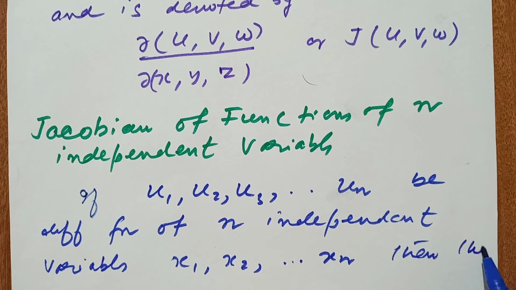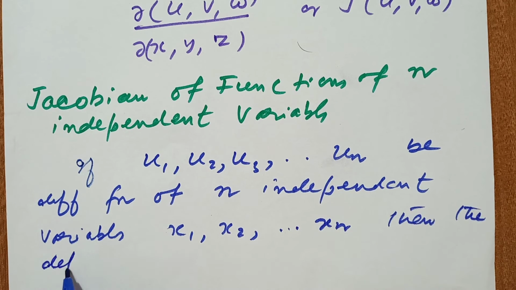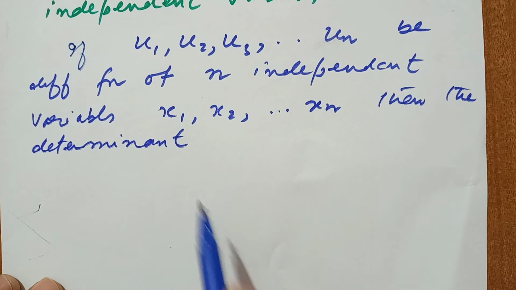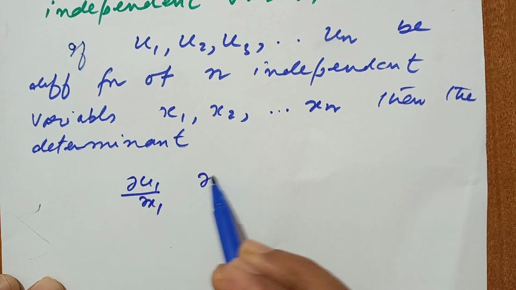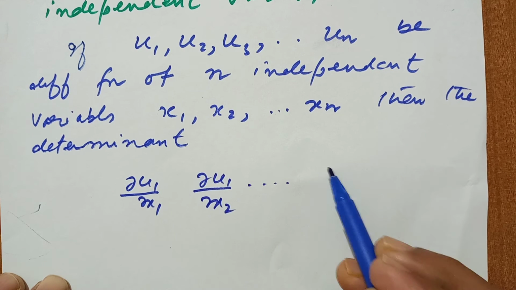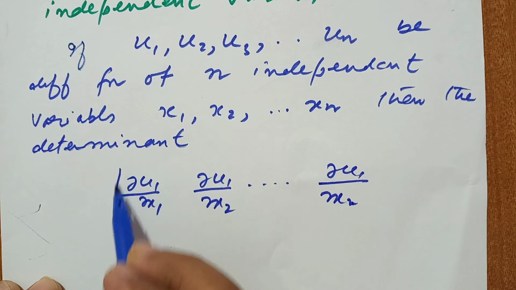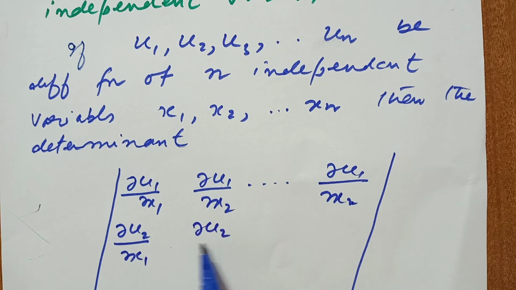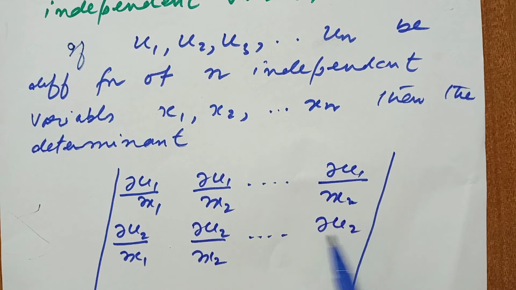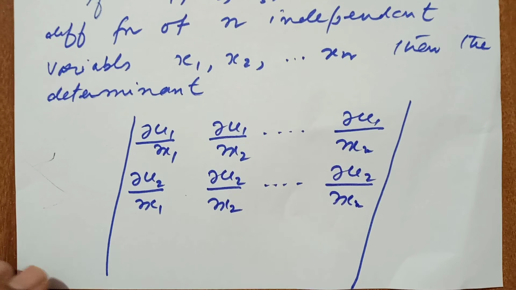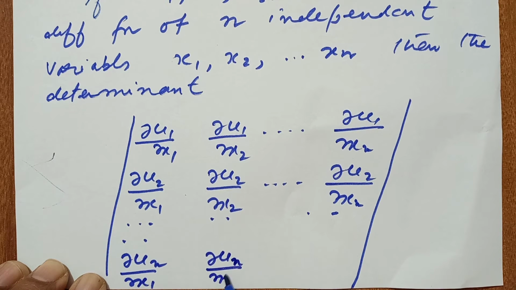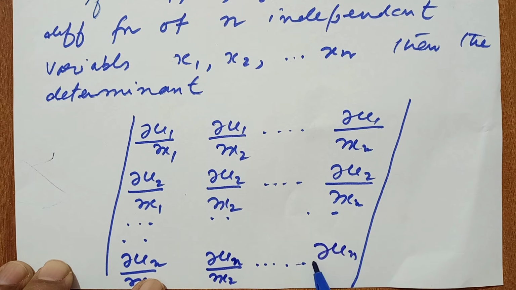Then the determinant has first row del u1 upon del x1, del u1 upon del x2 up to del u1 upon del xn, in the second row del u2 upon del x1, del u2 upon del x2 up to del u2 upon del xn, and in the nth row del un upon del x1, del un upon del x2 up to del un upon del xn.